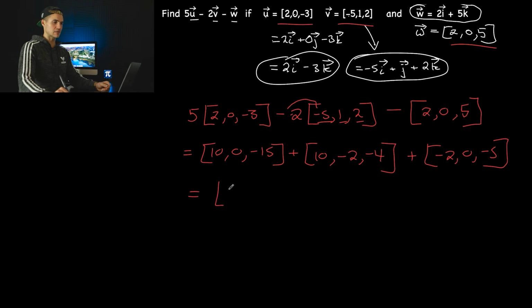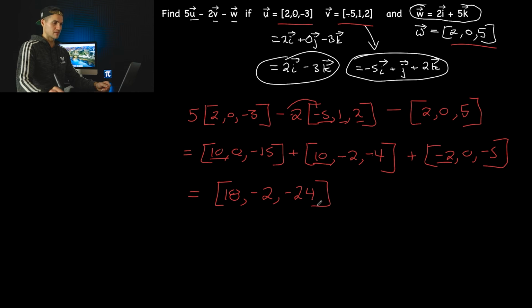And then basically, you just have to add up all the x components, so 10 plus 10 plus negative 2 would give us 18. 0 plus negative 2 plus 0 would give us negative 2. Then negative 15 plus negative 4 is negative 19, plus negative 5 would give us negative 24.